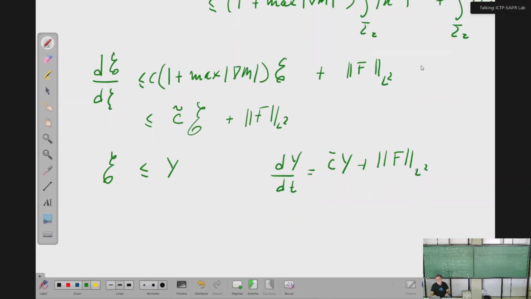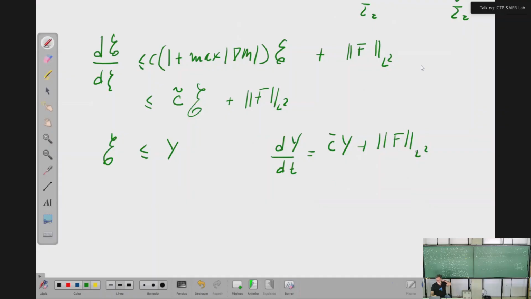So the energy is bounded, and furthermore, if this is 0, when F is 0, then E is bounded by the initial energy.